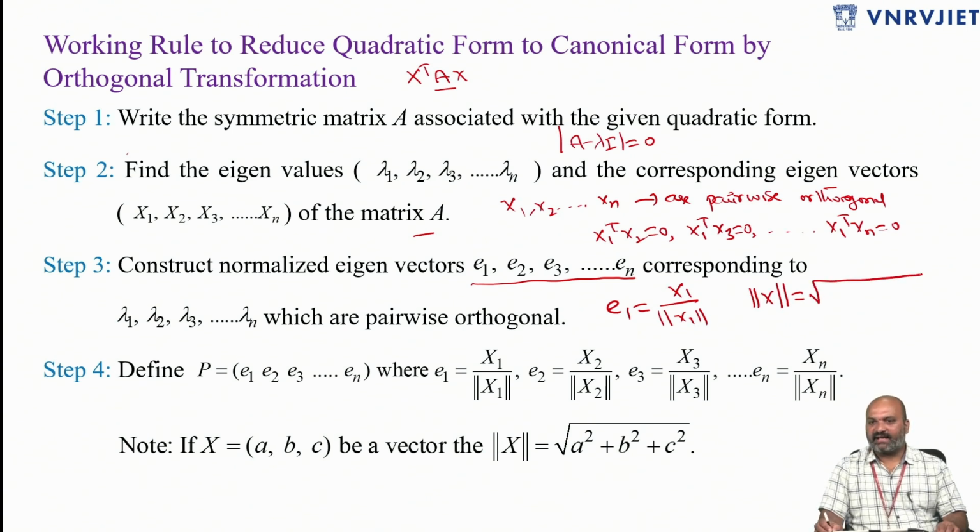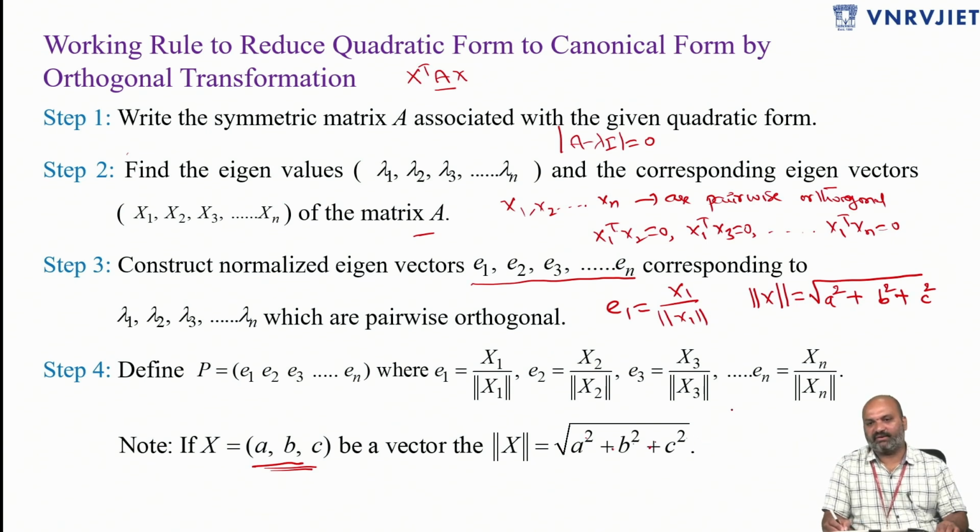The norm of a vector, that is, the magnitude of a vector, is nothing but the square root of the sum of squares of the elements of the vector, say a square, b square, c square. If a, b, c are the elements of the vector x, then its magnitude is the square root of the sum of squares of the elements.